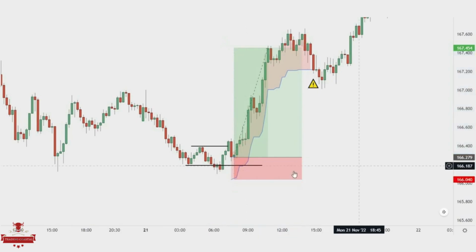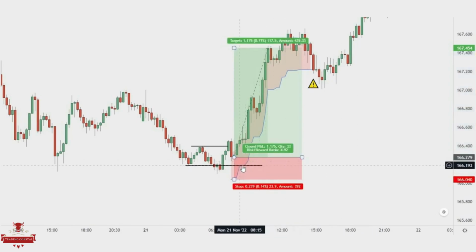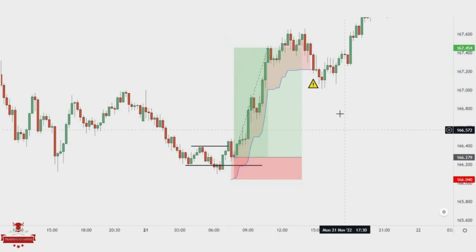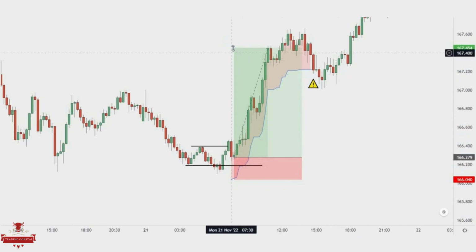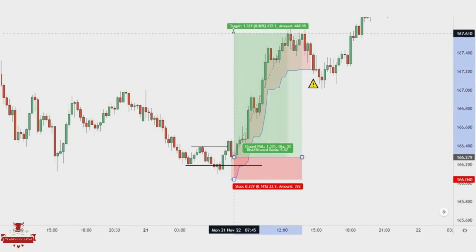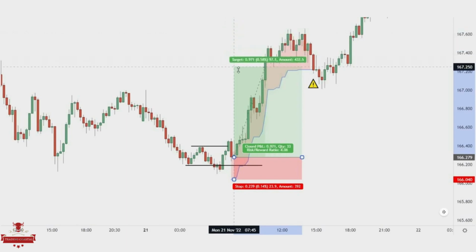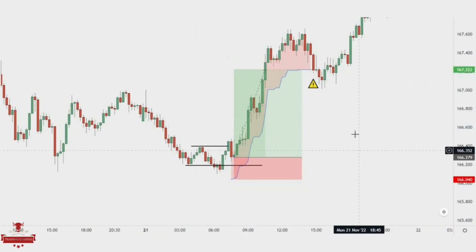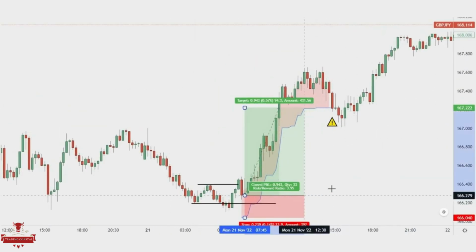This indicator automatically shows the stop loss level at this moment. As you can see, it's a few pips below our initial one. Once the price goes into profit, this indicator trails the stop loss. As you can see, it continues till the price touches it, approximately at a 1 to 3.9 risk-reward ratio, but you can close the trade manually before this happens.